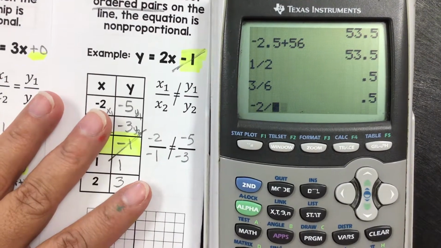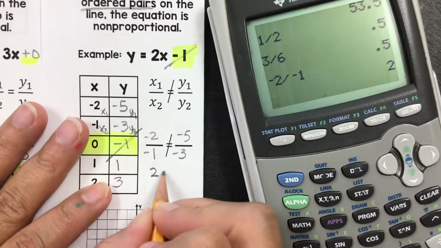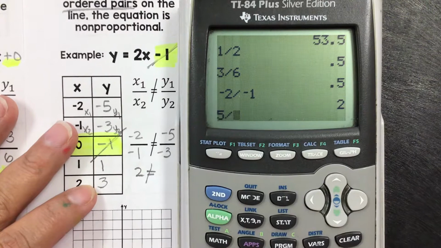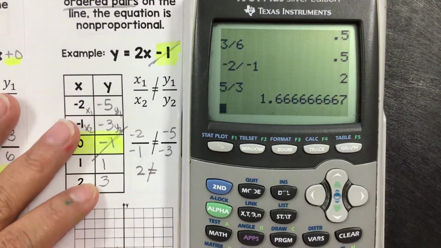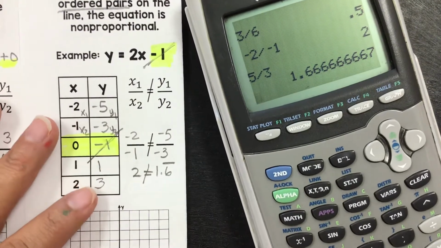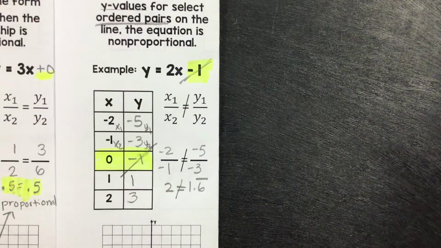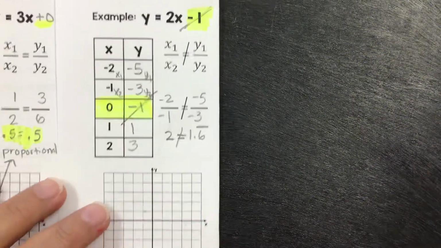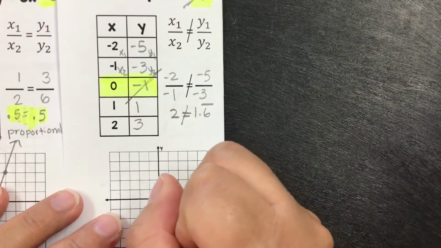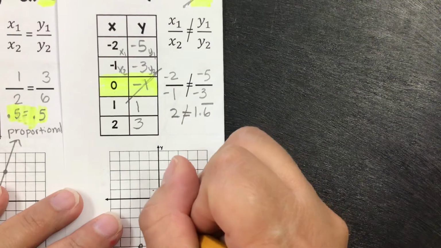Negative 2 divided by negative 1 gives you 2. And that's not equal to 5 divided by 3, or 1.6 repeating. Making this equation non-proportional. Let's graph. Negative 2, negative 5. Negative 1, negative 3.